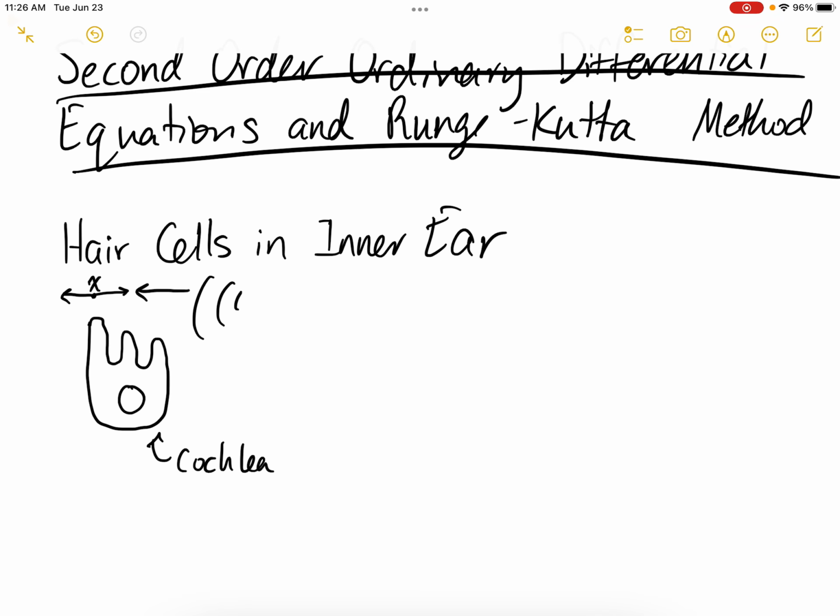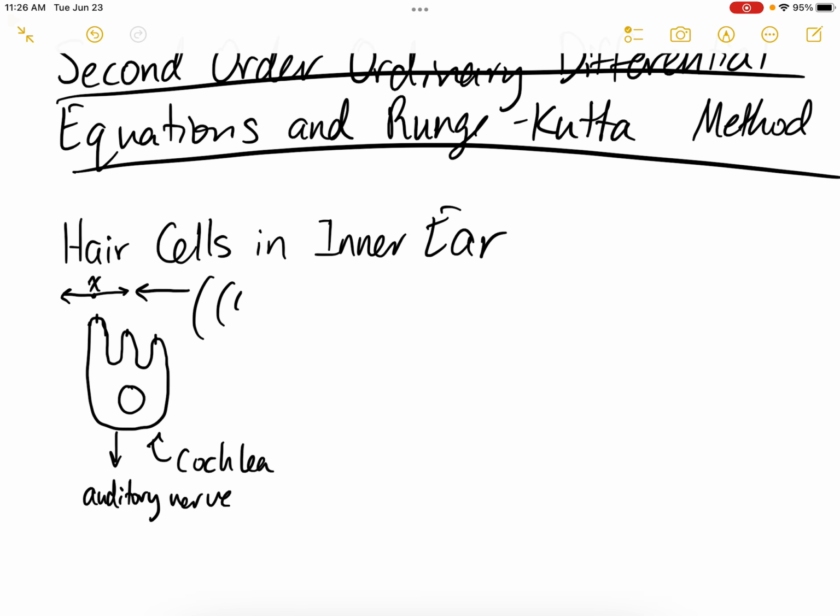You can imagine it like grass waving in the wind. Essentially this movement causes mechanosensors in these hair cells to send signals to the auditory nerve, which then gets interpreted in the brain as sound.